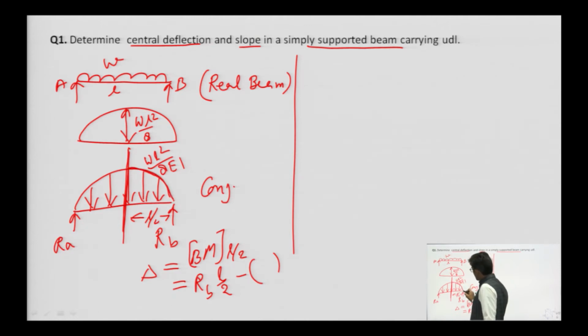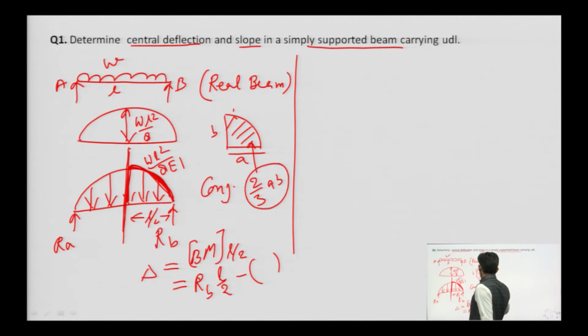Load of this area. Okay, so what will be the area of that? We know that if this is A and this is B, the area is 2 by 3 times AB.